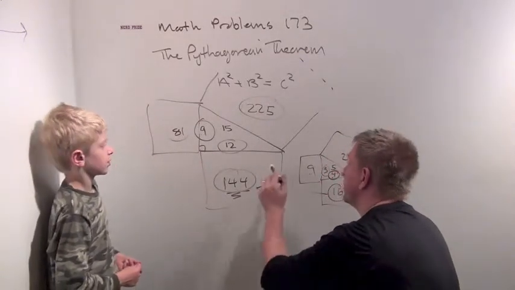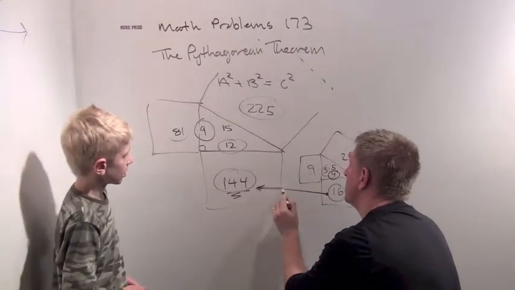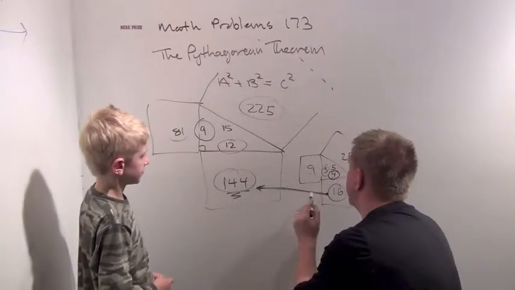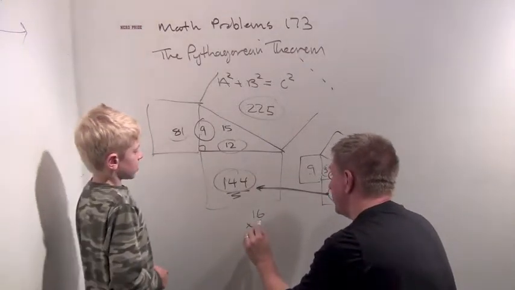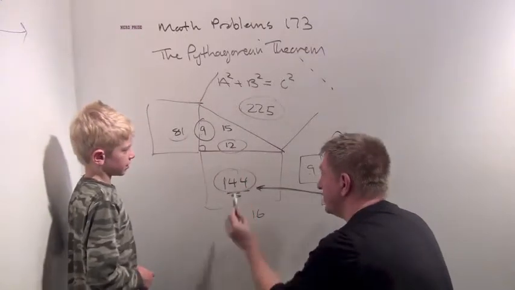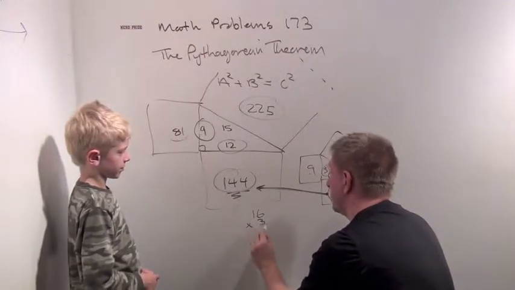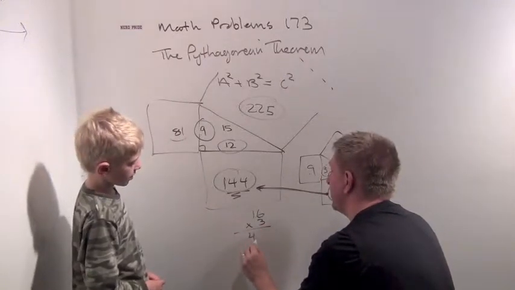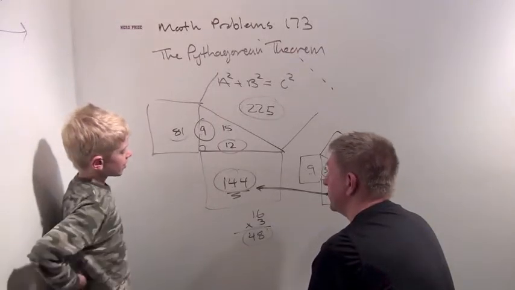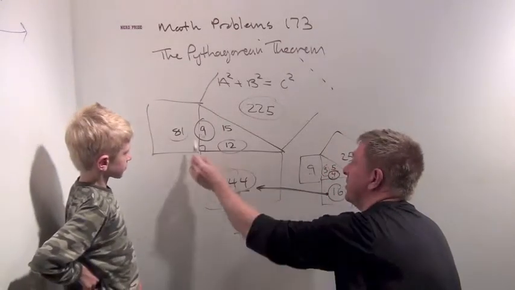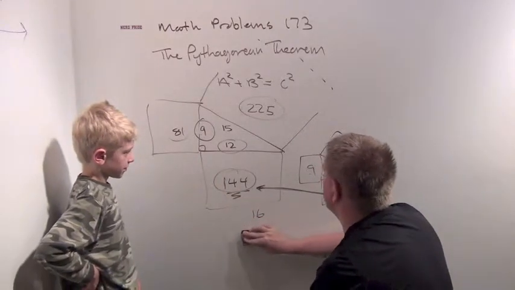But what did the area get multiplied by? Let's check. 16 times 3 is 48. Actually, that won't work. What did the area of the first square get multiplied by? 9.